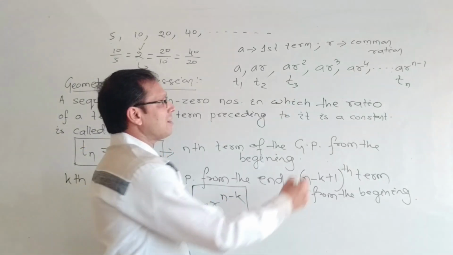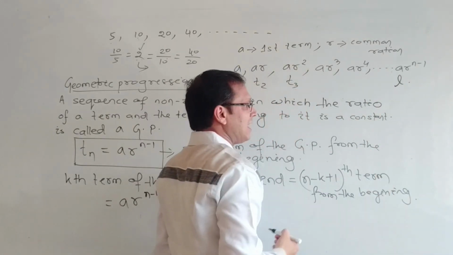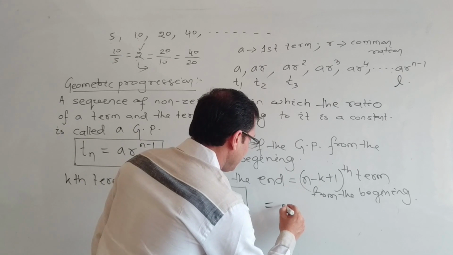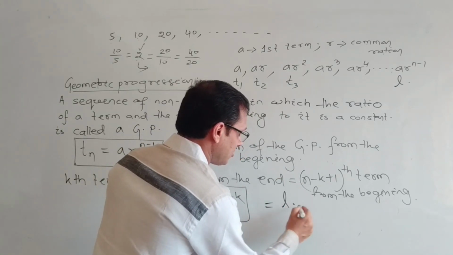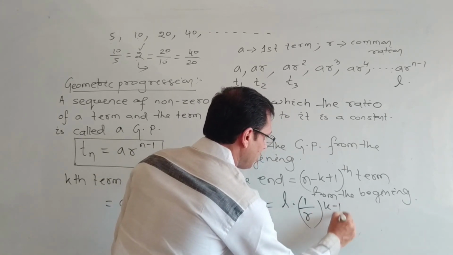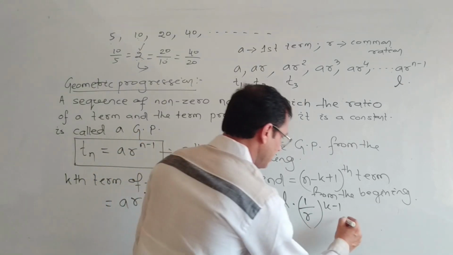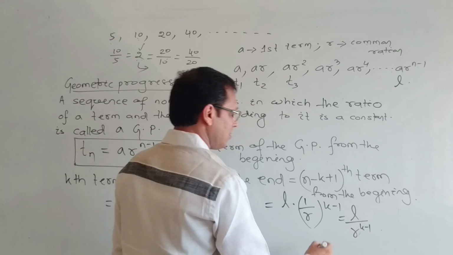Another formula is there. If the last term is denoted by the letter L, the kth term from the end can be evaluated with another relation: L is the last term and the ratio should be taken as 1 by R, whole to the power k minus 1. This is nothing but L by R to the power k minus 1.